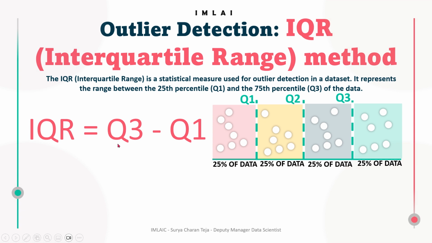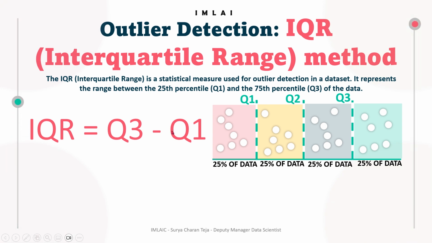So IQR is calculated by subtracting the 25th percentile, quartile 1, from the 75th percentile, quartile 3. So this is the formula to calculate IQR: IQR is equal to quartile 3 minus quartile 1.